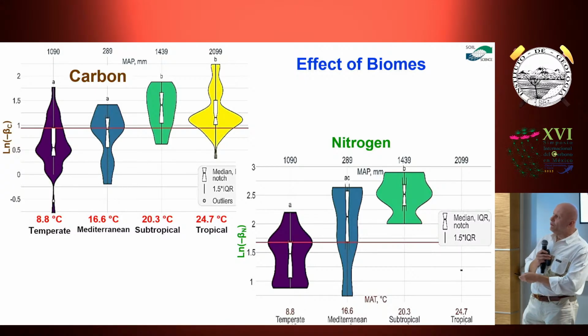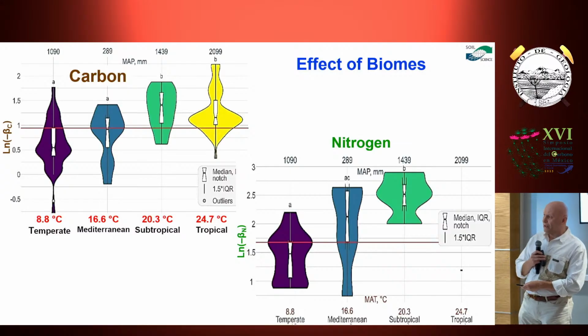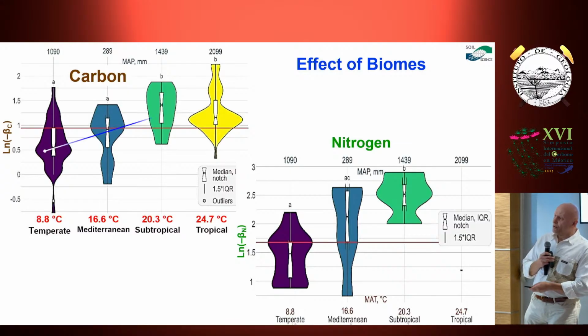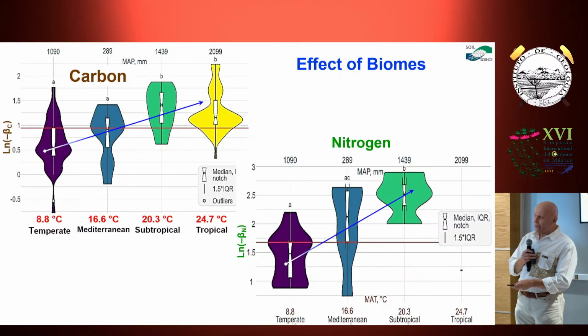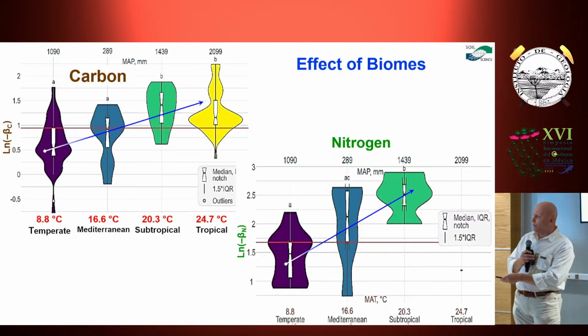Let us look now at the biomes. You see here climatic conditions for temperate, Mediterranean, subtropical, and tropical soils, and the corresponding temperature. And I hope it is very clear to see that with temperature, the turnover of carbon is increasing. Similarly, also for nitrogen.